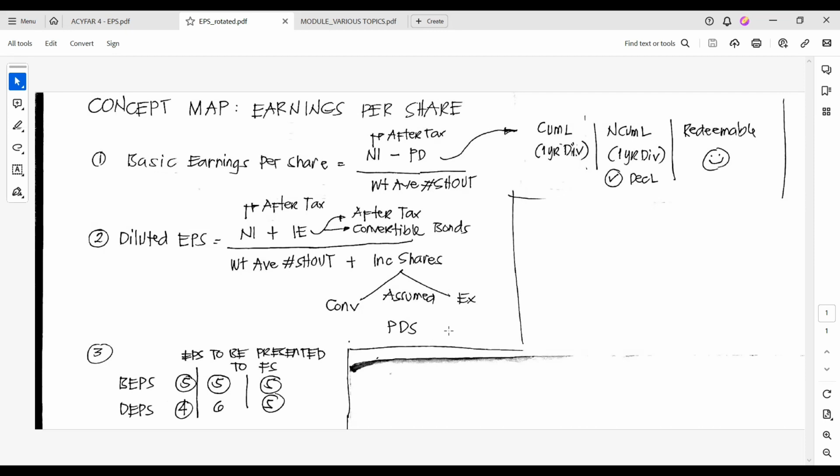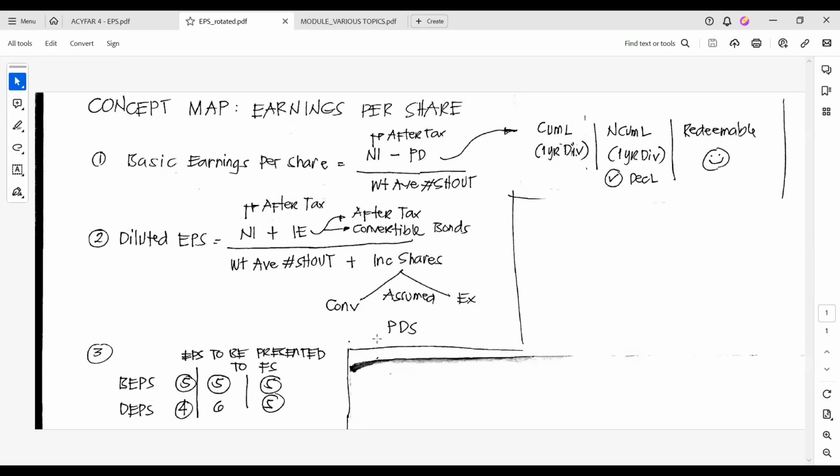These potentially dilutive securities, these are the securities that can be converted into ordinary shares.